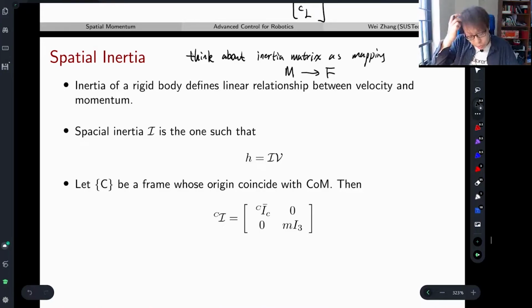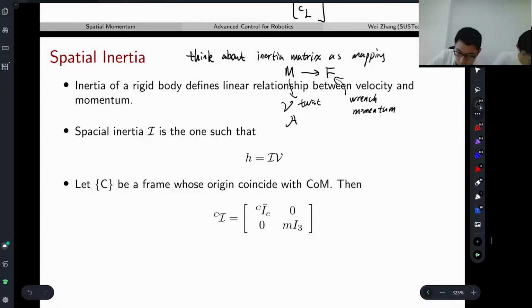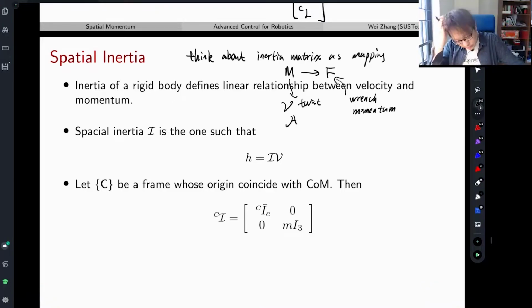I didn't introduce this space, but this is where the twist resides. This is twist and spatial acceleration. Let's say this is a V or acceleration, and this is almost like a wrench and momentum. They live in that kind of space.